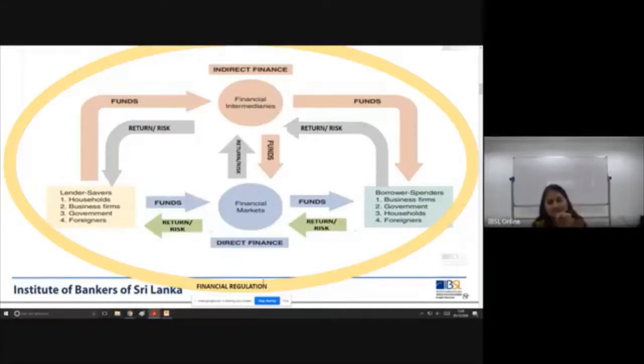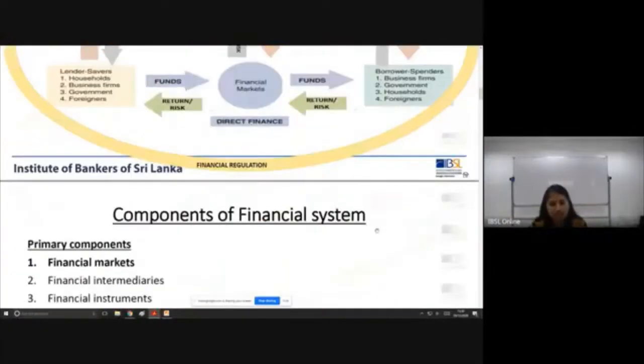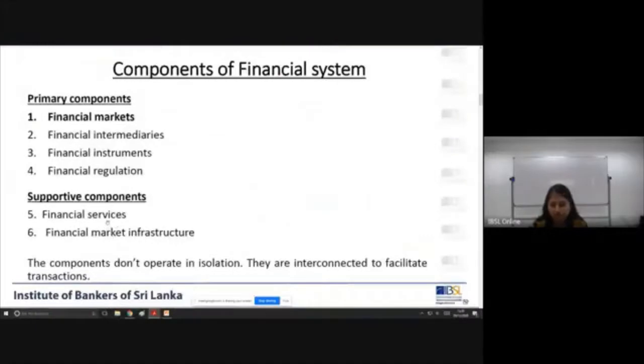There are certain supplementary or supporting components to the financial system as well. Yes, these four are needed for the financial system to work, but if these two are available, the financial system can work smoothly. They are there to support the financial system, so the channeling happens properly without a delay, safely, to ensure a smooth channeling of flows.